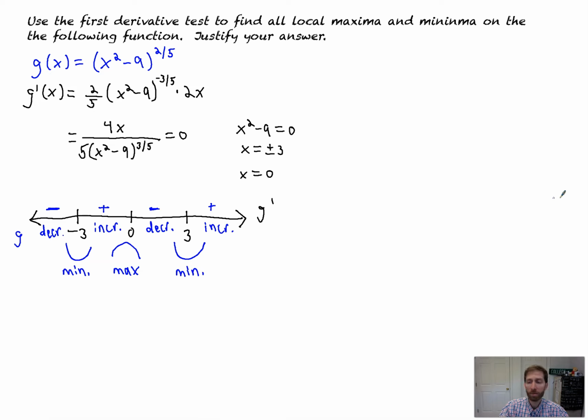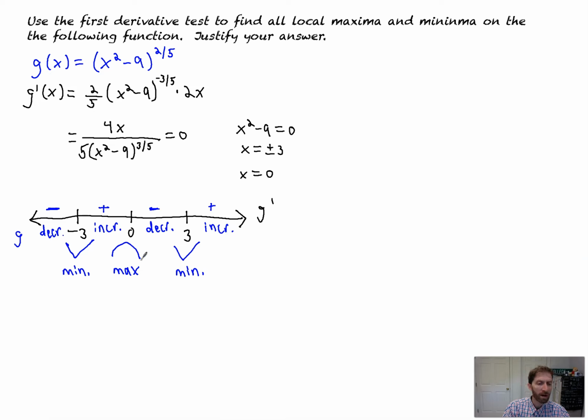Now, some very important pieces of information here. Though we were decreasing to increasing, at -3 we had a sharp turn. We knew that because the derivative was not defined. And at x equals 3, we also had a place where the derivative was non-existent. So we went decreasing to increasing. Very cool.